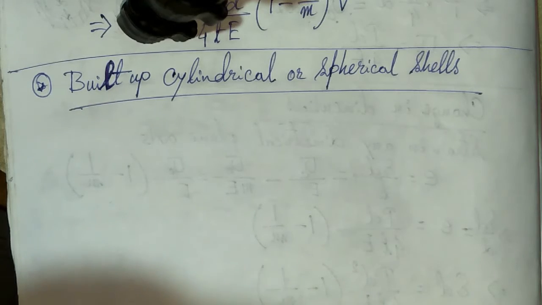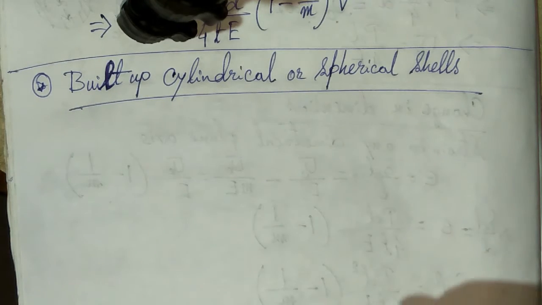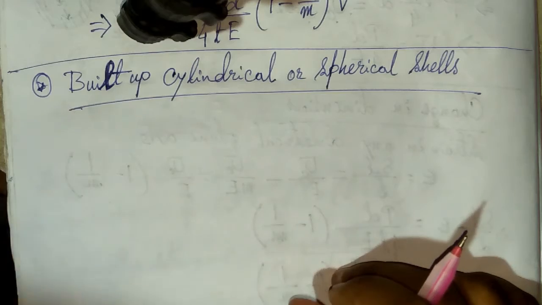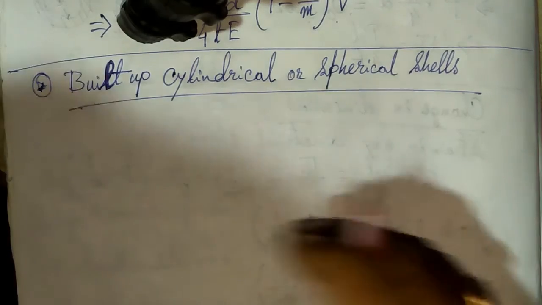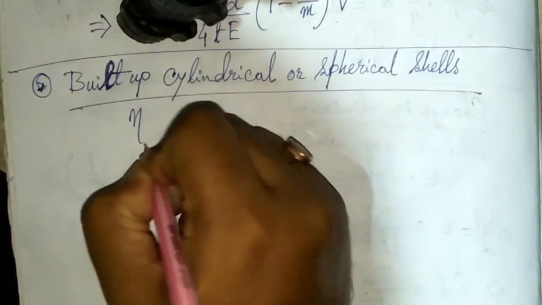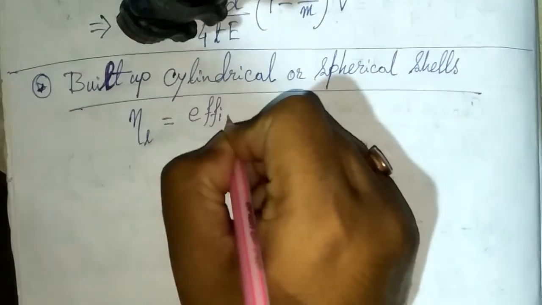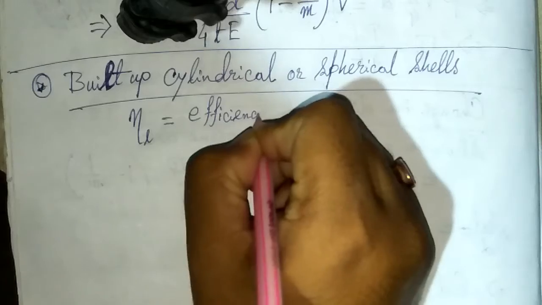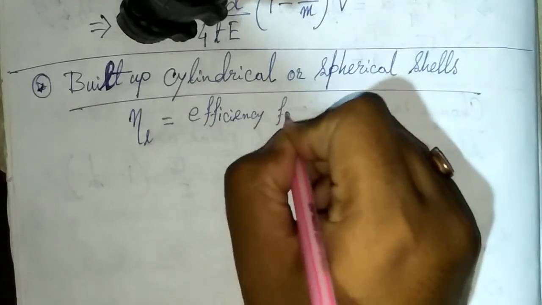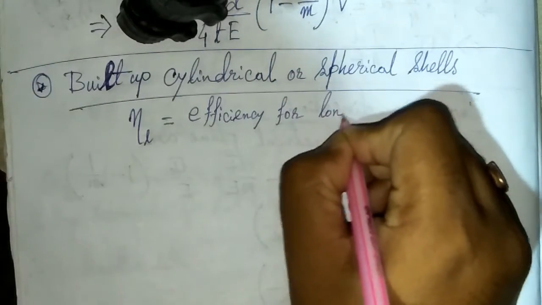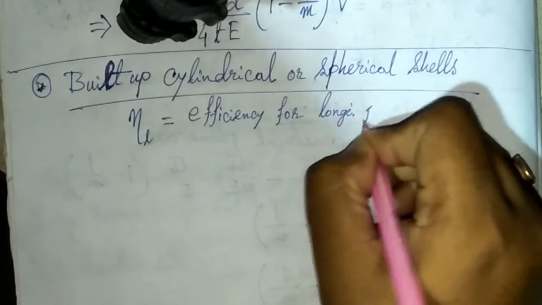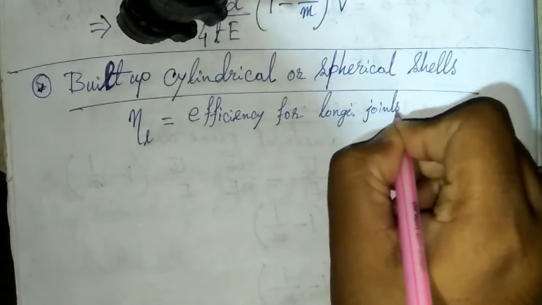Okay, so let us assume the efficiency of a longitudinal joint, that is eta L, is the efficiency for longitudinal joints.